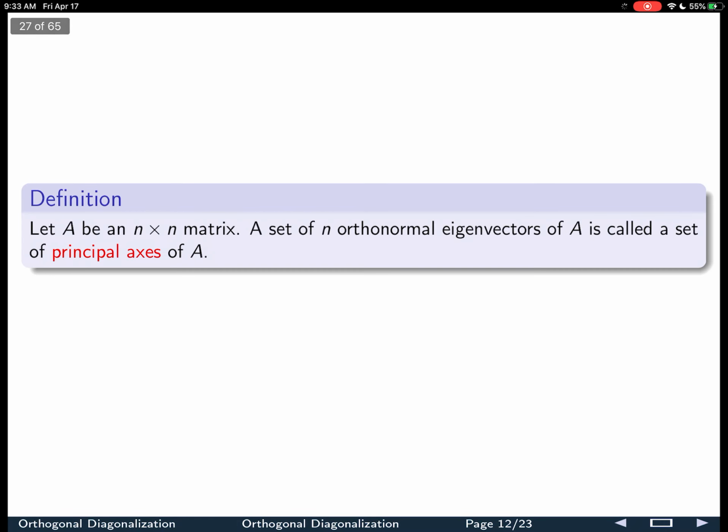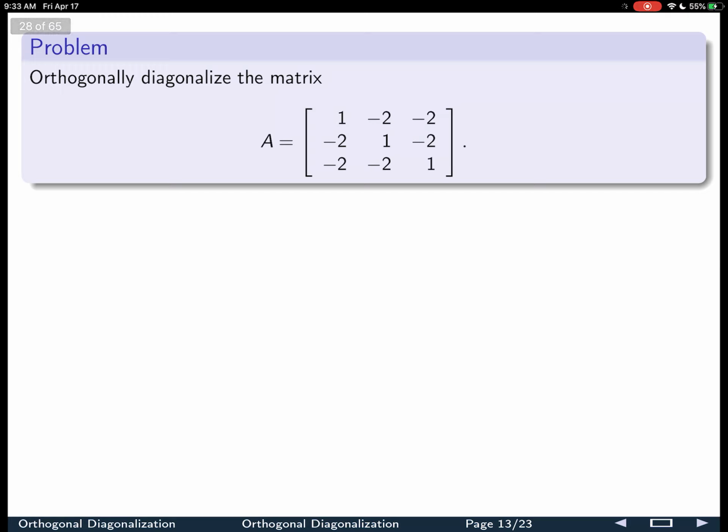Anyways, the set of n orthonormal eigenvectors is called the principal axes of A. And here we go. We get to orthogonally diagonalize this matrix. Now, we know how to diagonalize a matrix, and the only additional steps that you'd need to add on to orthogonally diagonalize would be, first, you find the eigenvalues, right?